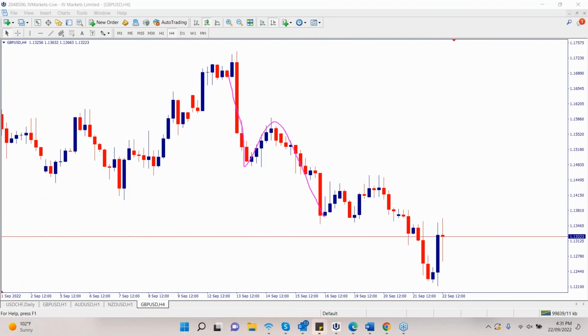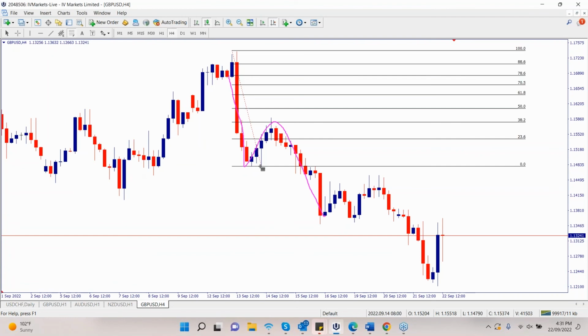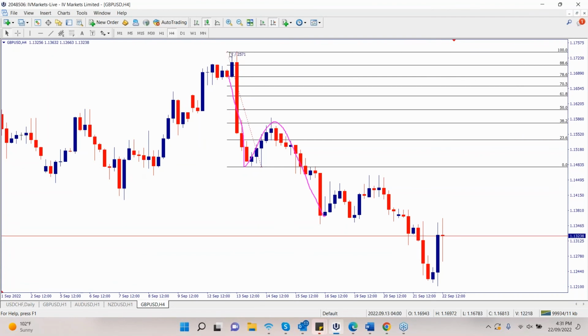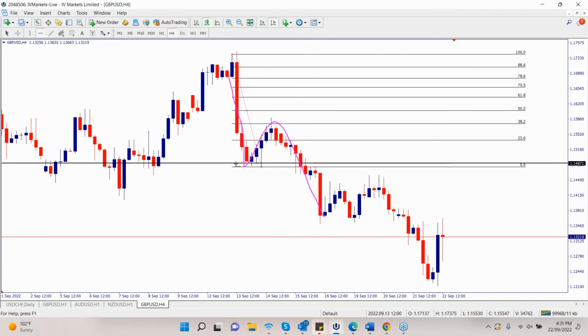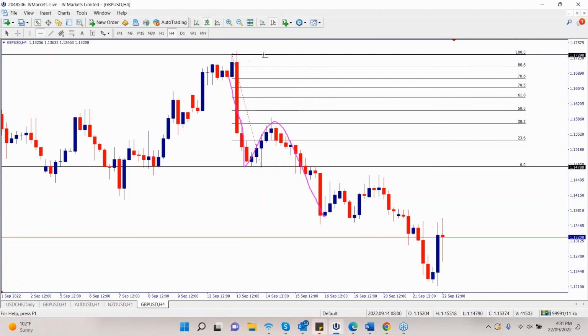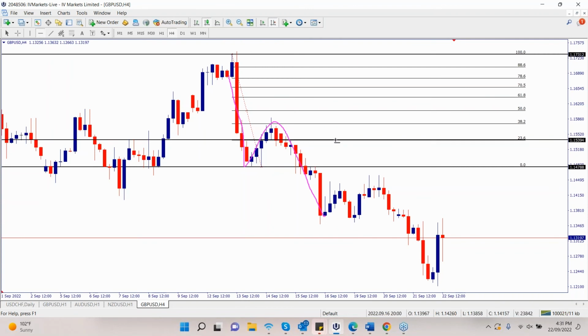What we're going to do is very simple again: go to the Fibonacci tool, apply it on the impulse over here, and simply apply the high and low levels. These are the support and resistance levels, and simply mark these Fibonacci levels.